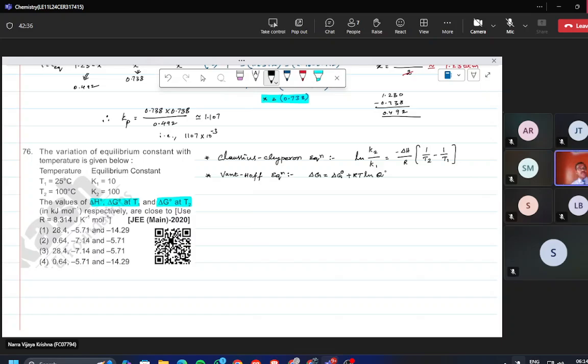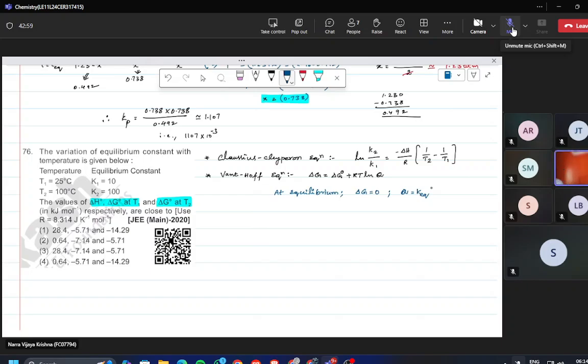At equilibrium, what happens to delta G value? 0. And what is Q? Becomes K equilibrium.